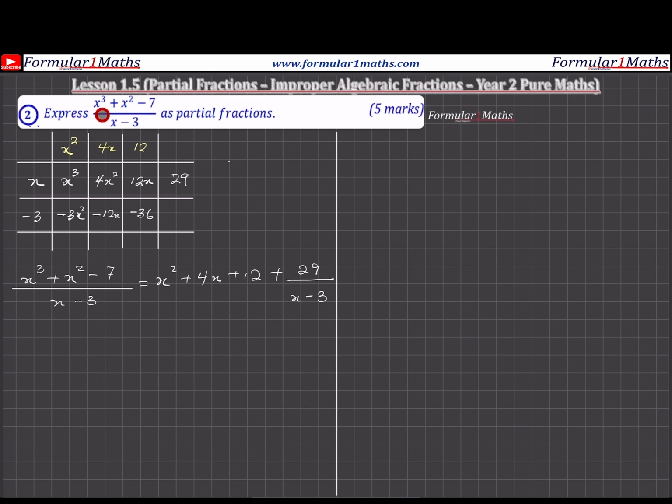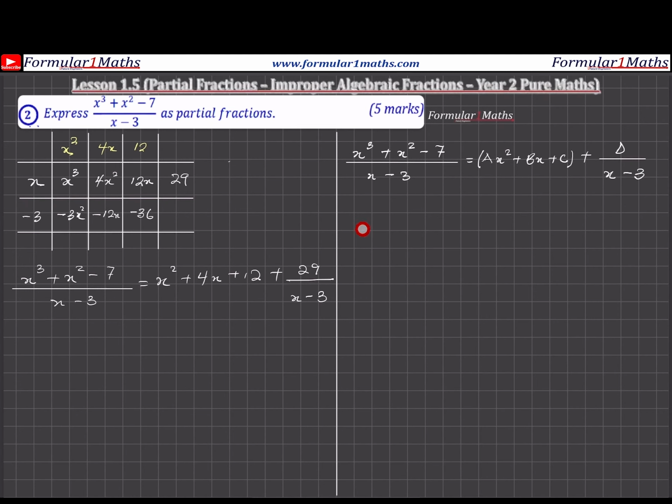So it means that x cubed plus x squared minus 7 over x minus 3 is equal to a quadratic term, ax squared plus bx plus c, plus a proper fraction, which will be a constant d, over the linear denominator x minus 3.